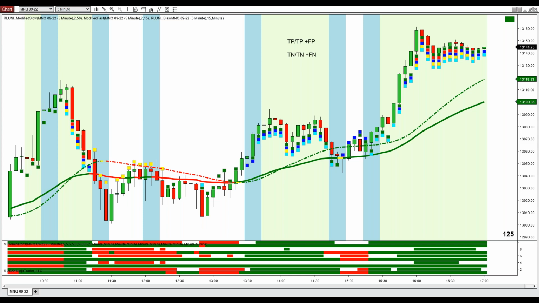Any thoughts to add information to the minute bars in the second panel, other than the green-red, on future development of the minute panel? I'm not sure what you mean, Bart, to add information to the minute bars in the second panel. I don't think so. I can't think of anything that's going to provide us with more predictive power.